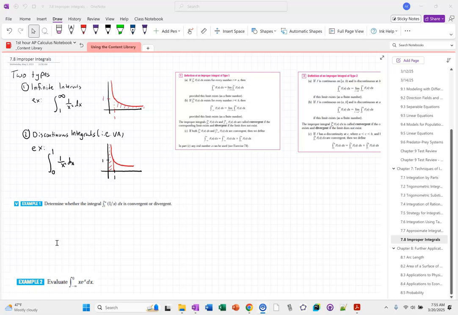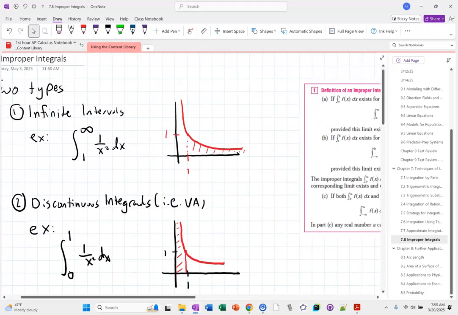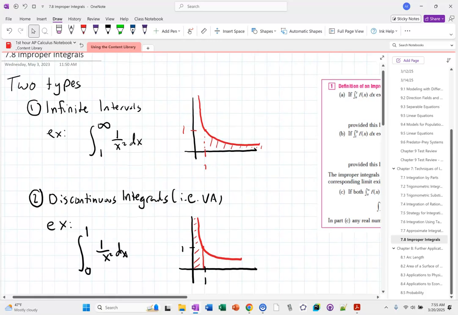So what we're going to be looking at in section 7.8 are called improper integrals. Remember when we find an integral, we're talking about the area under a curve. So what happens if that area appears to be infinite? Like what if we're doing the integral from 1 to infinity of 1 over x squared? Well, the graph of 1 over x squared looks like this.